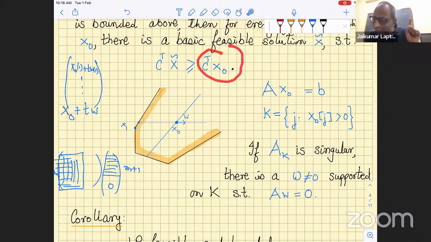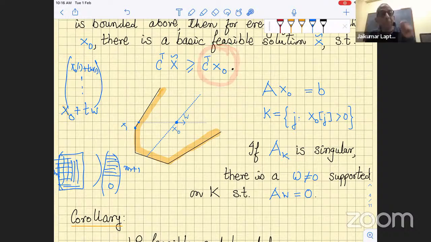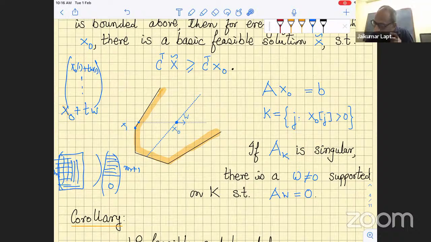I did not, I think, say it the first time, so probably that's what is misleading you. I'm saying it now. Look at all feasible solutions which achieve at least this much. And among them, look for one which has the largest number of zeros in its solution. Now, let that be your X naught, and perform this argument.